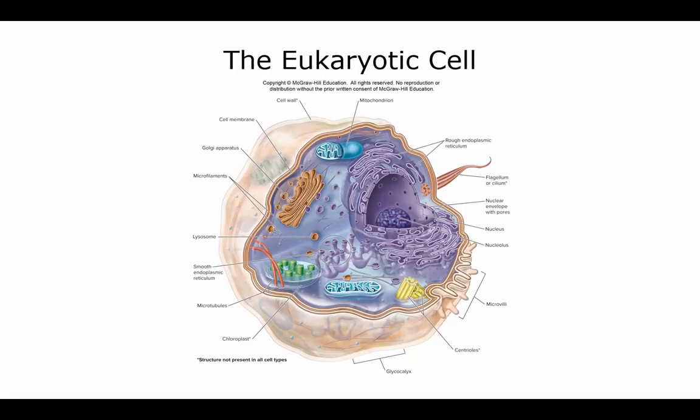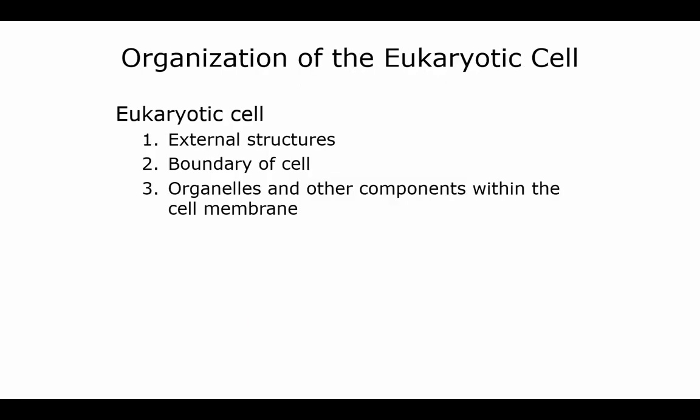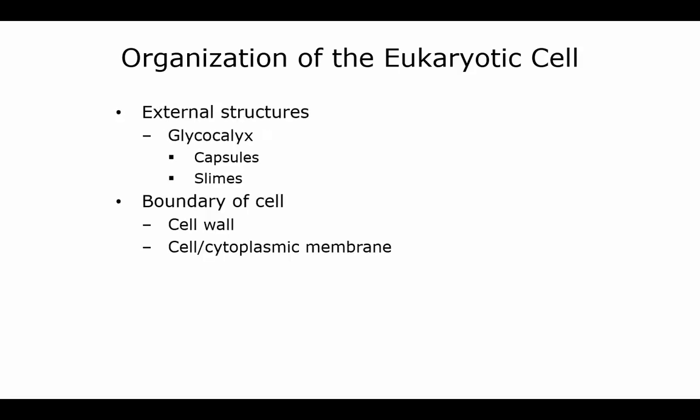Now this is a typical eukaryotic cell that we've looked at so many times, that we've studied a lot in 103. But to talk about it a little bit more, how's it organized? First of all, there is a boundary of the cell. It's got some external structures sometimes, and it's got organelles within the cytoplasm that's inside the cell membrane.